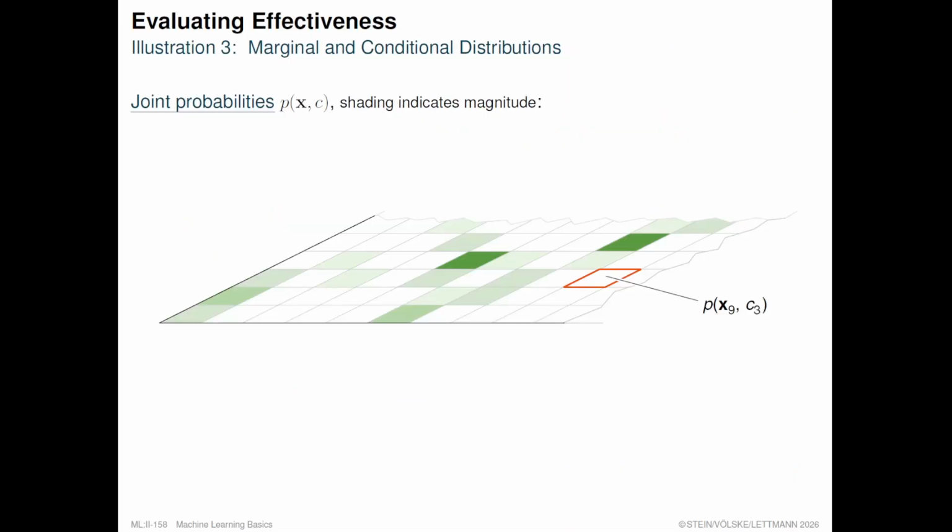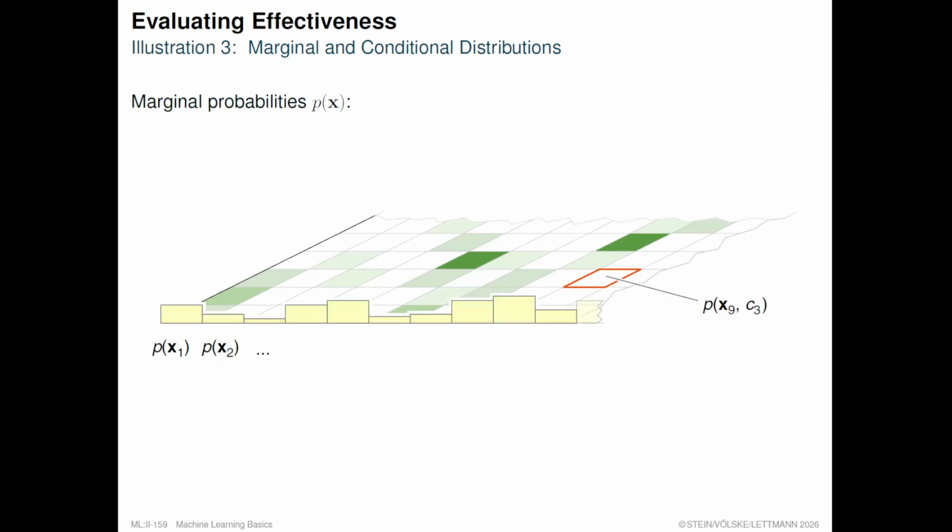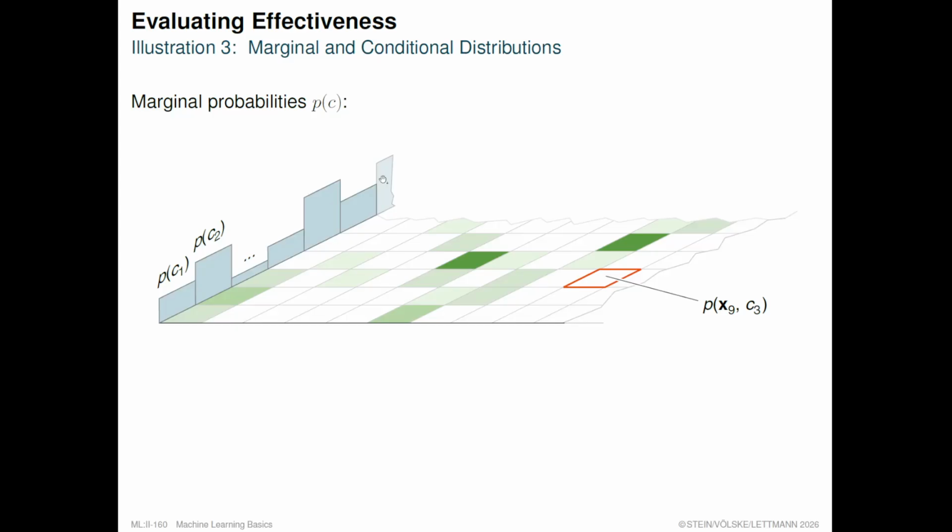So here we have another view of the same thing. But what we want to have a look at a bit closer now is the marginal probabilities, so basically the sum of everything that's behind one of these bars. You can see, this looks like something that you could imagine as a probability function. Same thing here. This is basically just the probability that one specific one of these classes will occur when you are just given some objects.